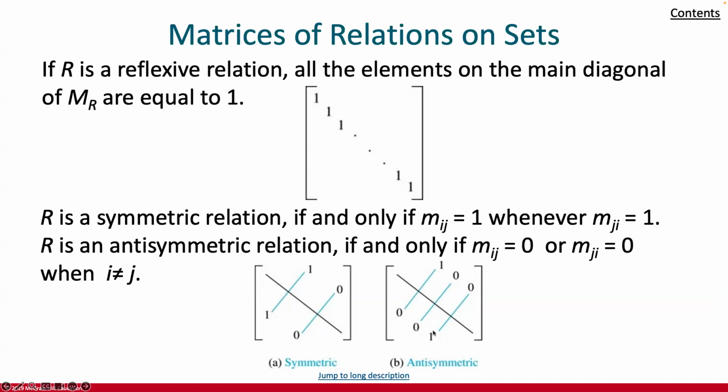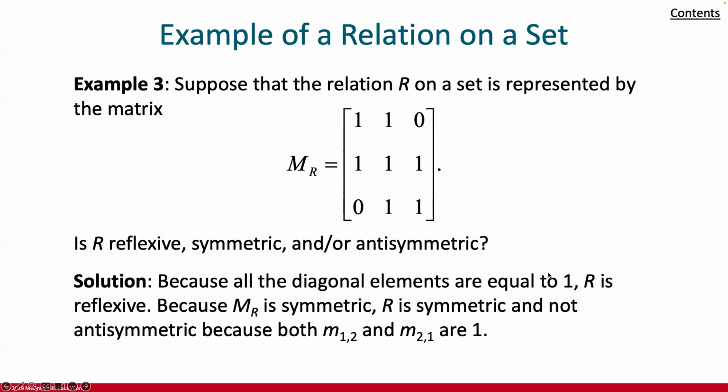Anti-symmetric means that you would have this kind of relationship, and so it's reversed. And so those just give you one of the ways that might be a little bit easier for you to intuitively see how this is operating. So suppose that the relation R on the set is represented by a matrix like this. So you can see that this is a symmetric matrix.